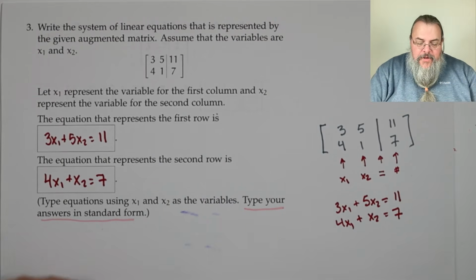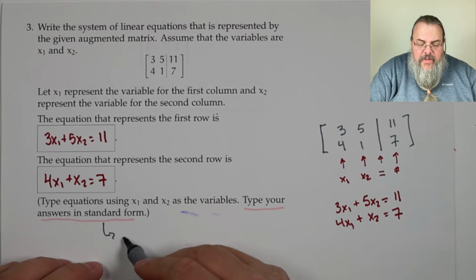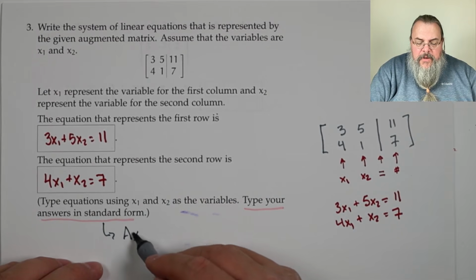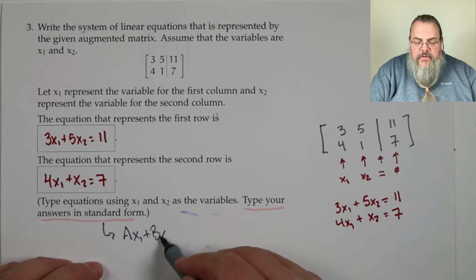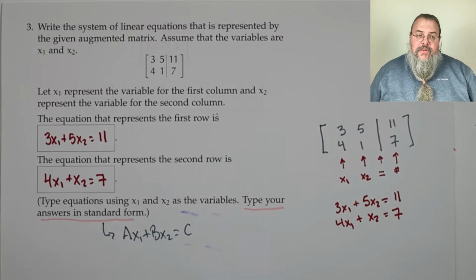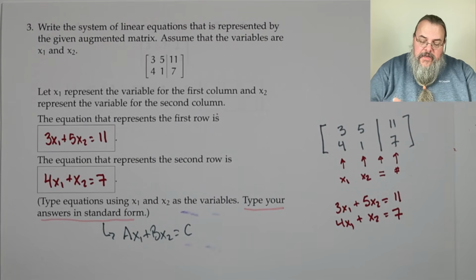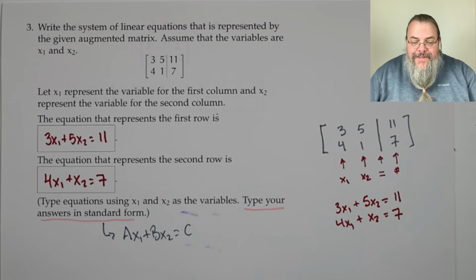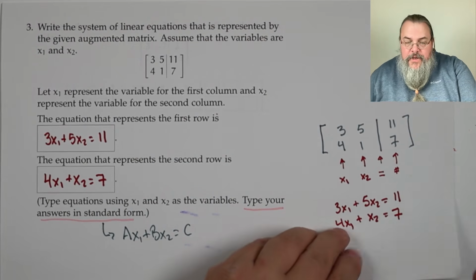I specifically want standard form. So when it says standard form, it just means a times your first variable, b times your second variable equals a constant. That's what standard form means. So that's what it's asking us to do. All right, and there we go. That's number 3. We're doing great.